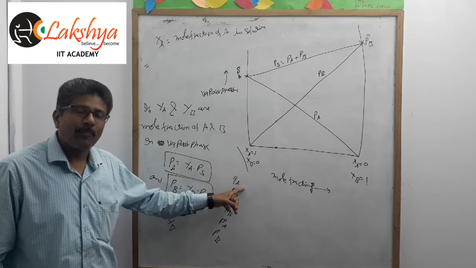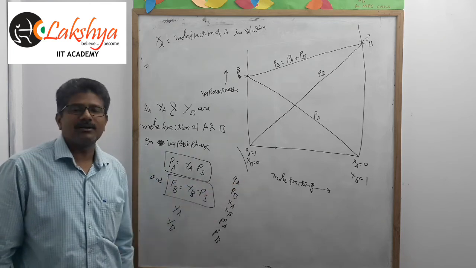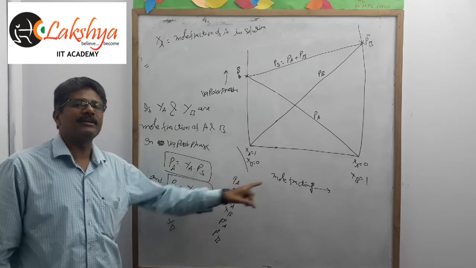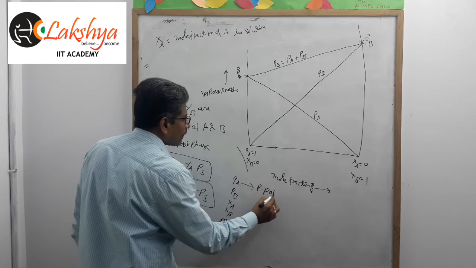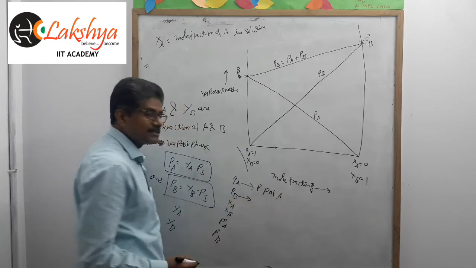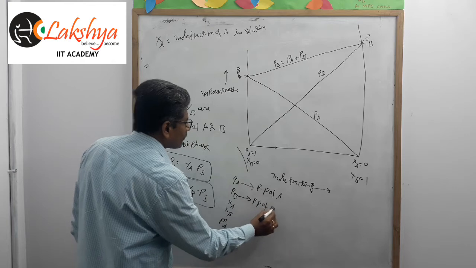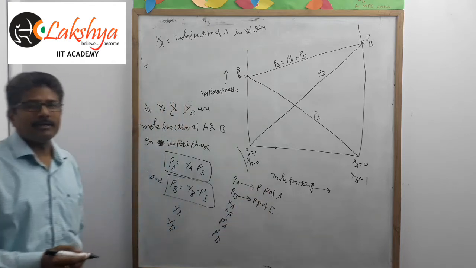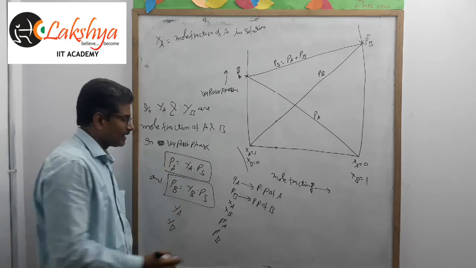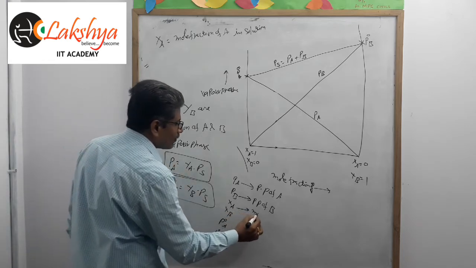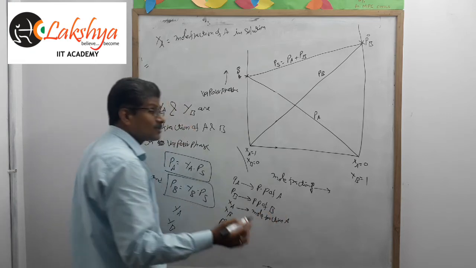PA is equal to partial pressure of A. Note down. PB is equal to partial pressure of B. XA is equal to mole fraction of A in solution.